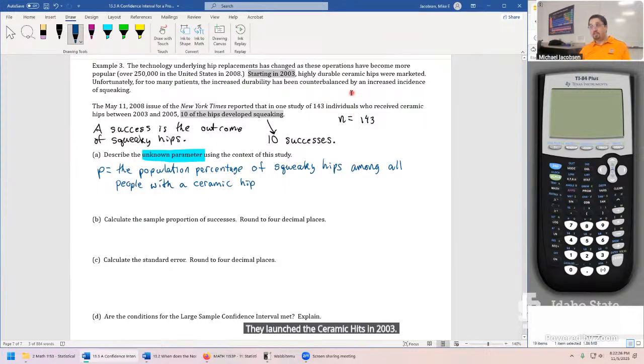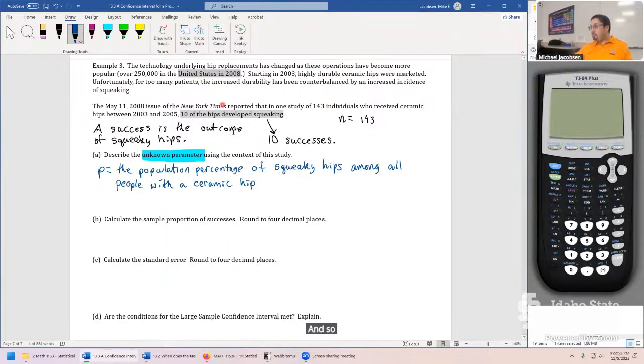I bet you in 2004, 2005, they started to change just a little bit. And I bet you the hips in 2008, even if they were still ceramic, it wasn't the version 1 ceramic hips. I bet you they were a lot different in 2008 when they started installing these new batches. Medical technology is constantly refined and changed as it goes, much like cell phone technology, just for an example.